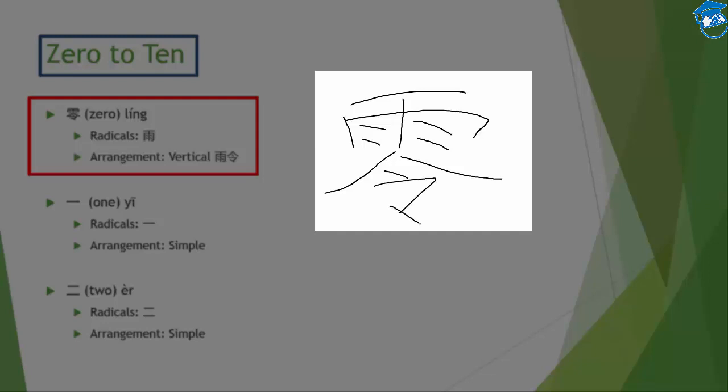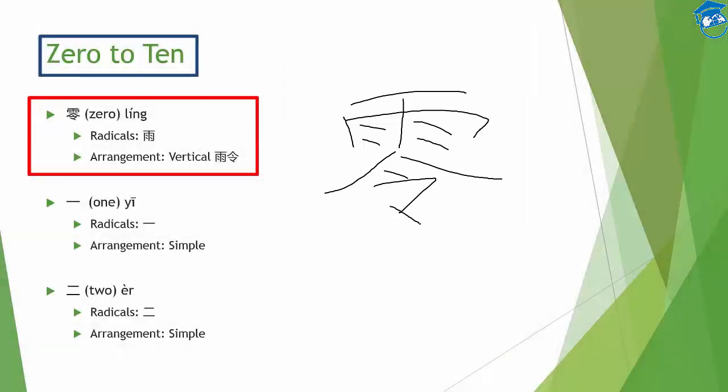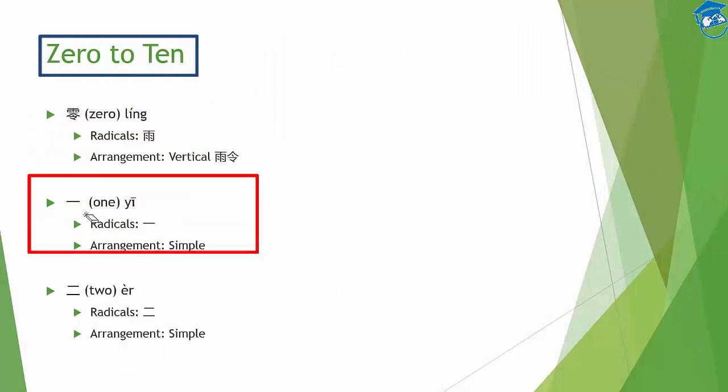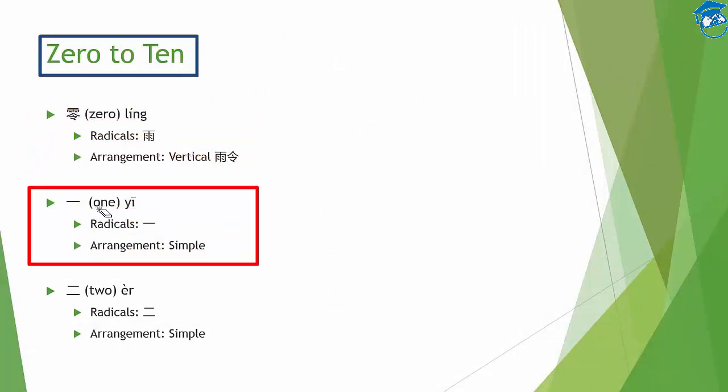Okay, 13 strokes for this word. 零, 0. So number 1, as you can see, is just one stroke.